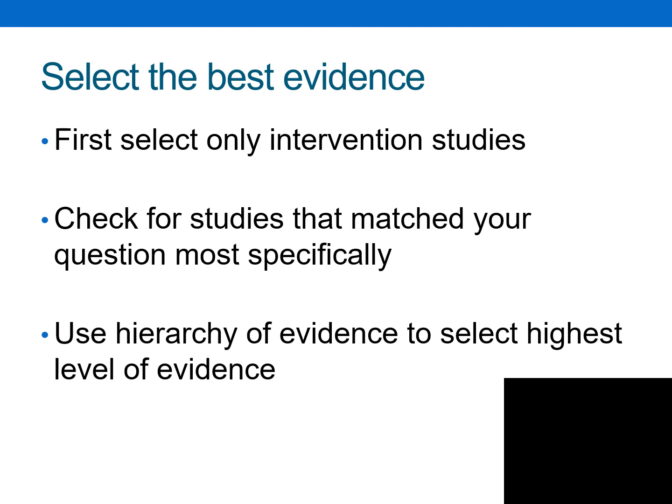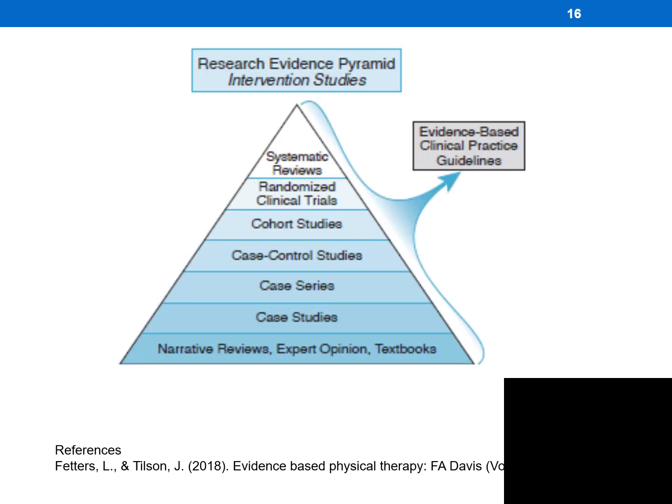And then lastly, use the hierarchy of evidence to select the highest level of evidence. So this is the hierarchy of evidence. The highest level of ranking of evidence is the systematic review. This is related to the research evidence pyramid for intervention studies. So the highest ranking is the systematic review, especially systematic review with meta-analysis.